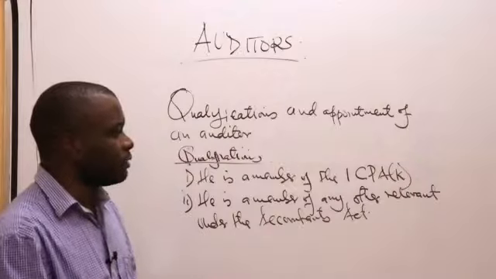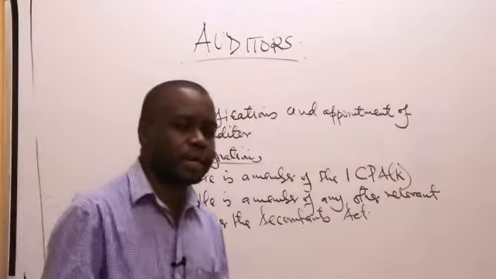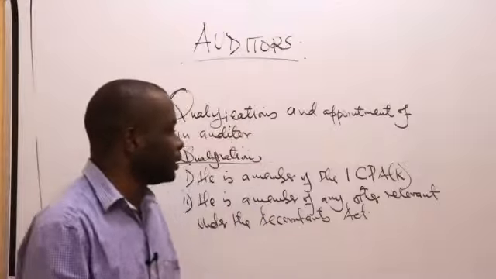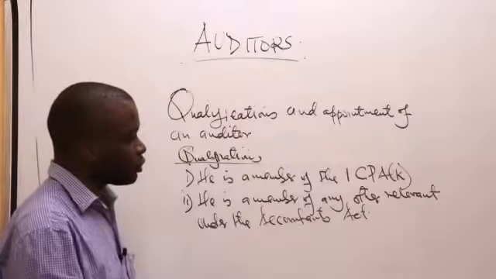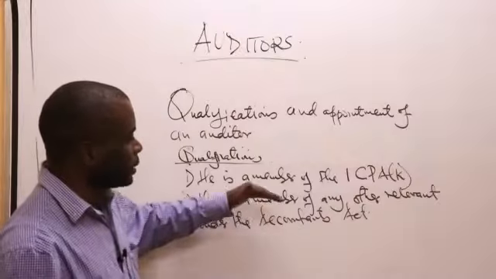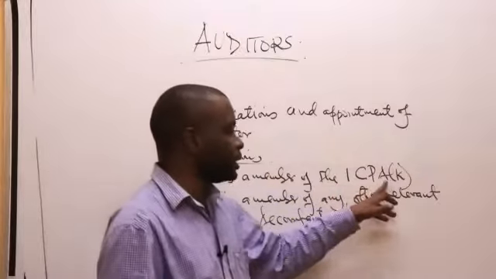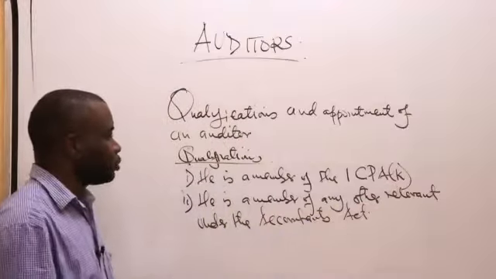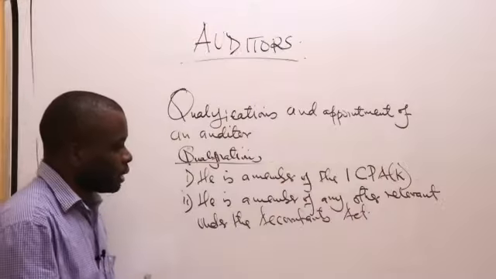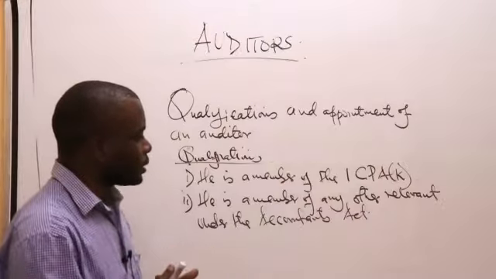Maybe you've done a foreign qualification that can be recognized in Kenya, like ACCA. In such a case, they could look at any other relevant qualification that ranks the same as having a CPA in Kenya. Then of course, they can approve you to be an auditor, or to provide auditing services.